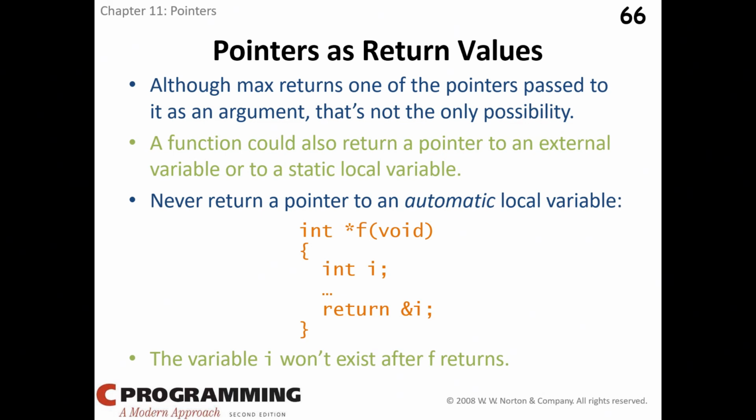For example, in the function f here in the slide, i is an automatic local variable, meaning it's destroyed once the function f completes its execution. Therefore, returning a pointer to i leads to undefined behavior, since i ceases to exist once the function returns.